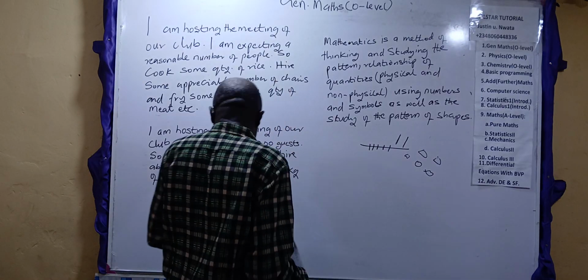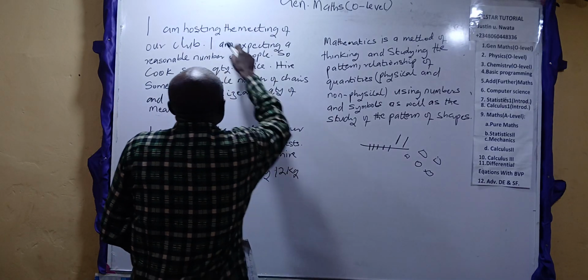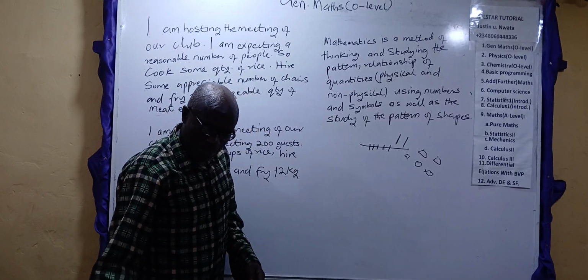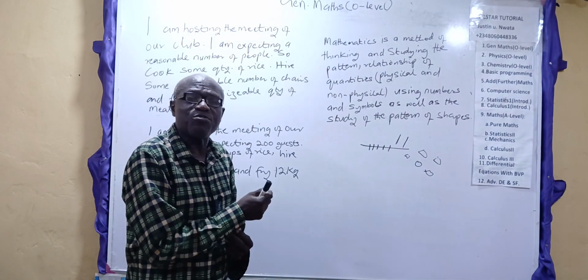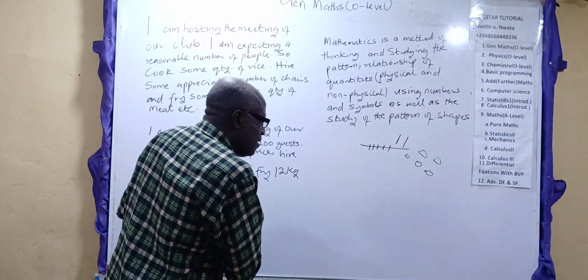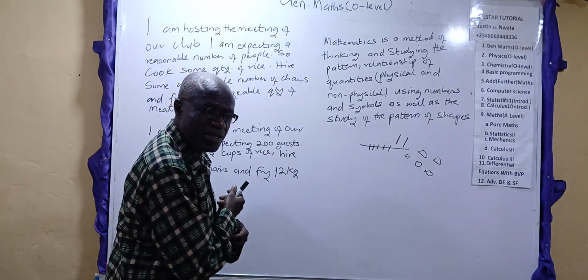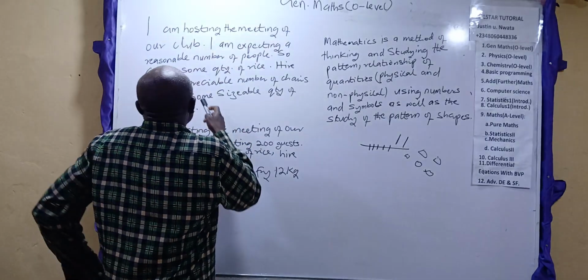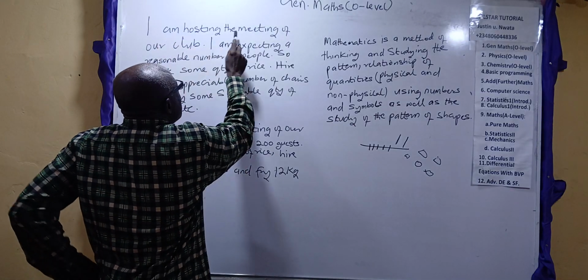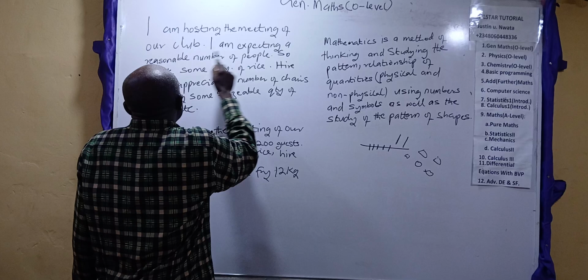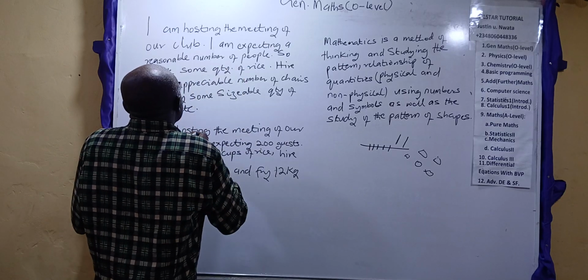Now look at this statement. This instruction was given by the madam of the house to her housemaid to execute. I am hosting the meeting of our club. I am expecting a reasonable number of people.